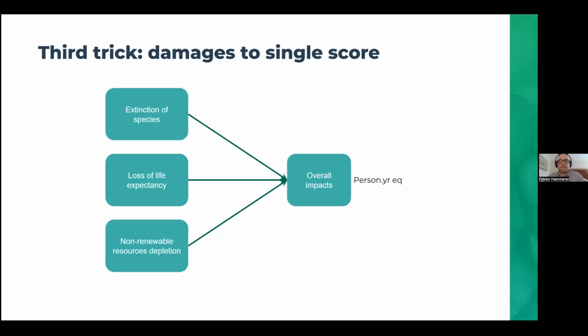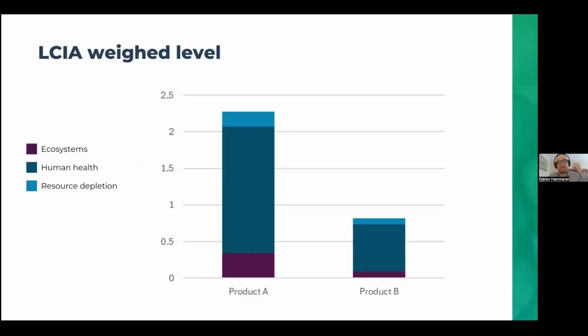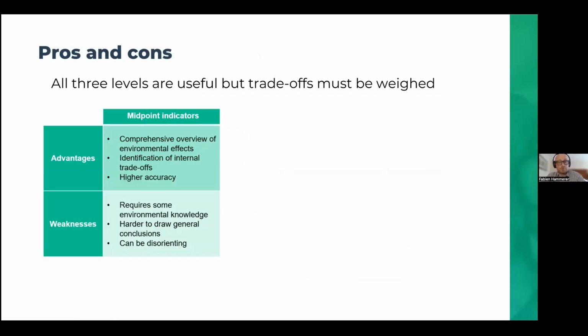So this is something that can be done, and this is called the weighted score. This step is called weighing, and it is practical from a decision-making point of view because then you can have product A versus product B. That's okay. Product B is more efficient or less impactful. Let's select this one. We move on. This is great, but there are trade-offs, which I'm going to go through just now.